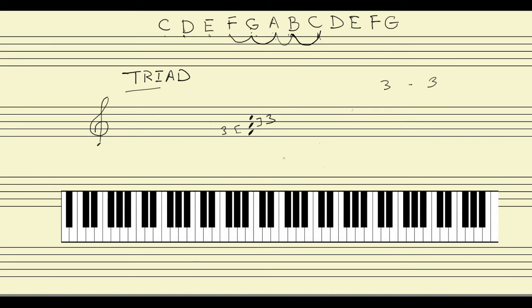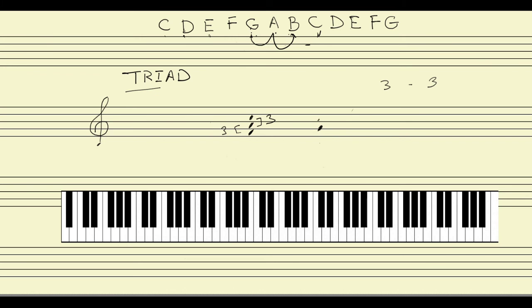And let's do one more. Let's do the triad that starts on G. So, let me just erase what we have here. We want to start on G. So the first thing we need is a third above G. What is a third above G? Let's figure that out. So we start on G. We go G1, A2, B3.